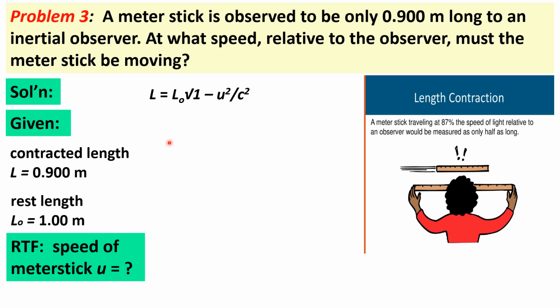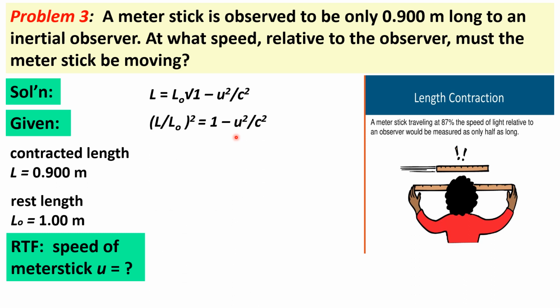Starting with this original formula for length contraction, L is equal to L naught multiplied by the square root of 1 minus u squared over c squared. Our goal is to isolate the speed u. So how do we do that?